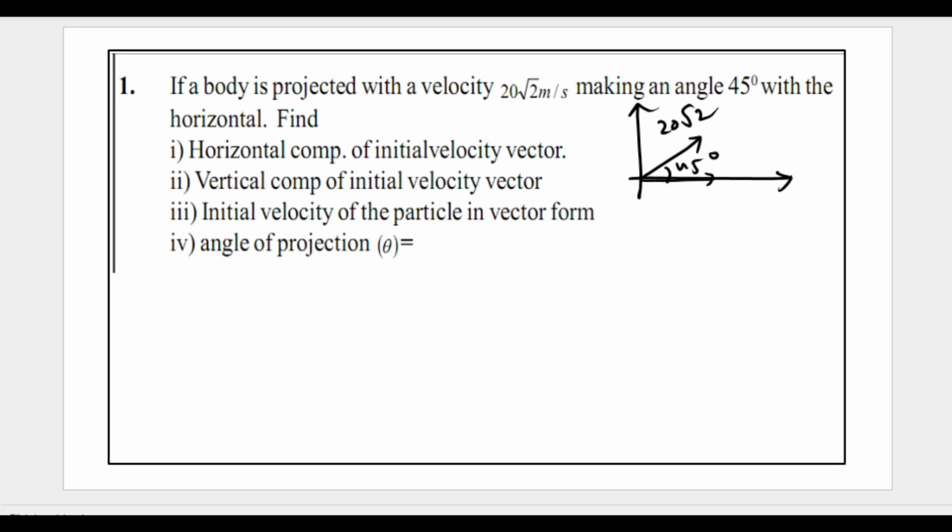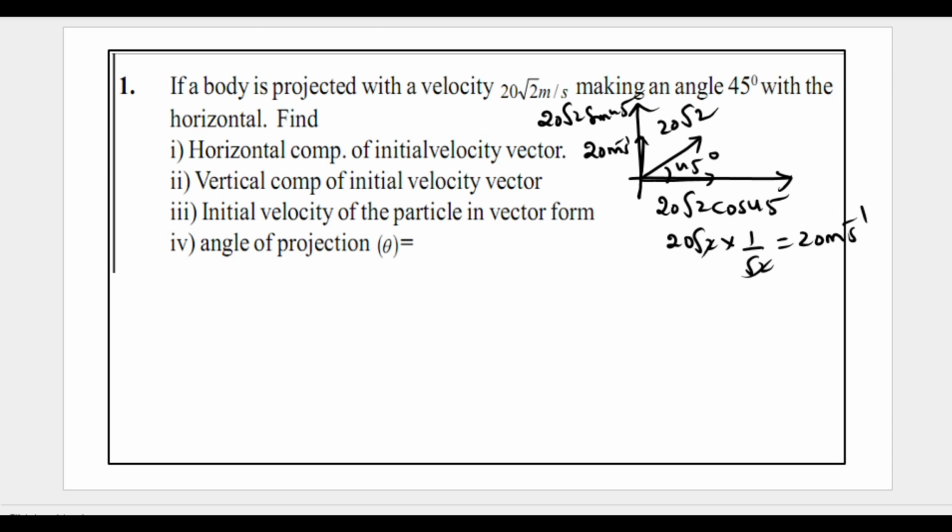Resolve this into two components: 20 root 2 cos 45 and 20 root 2 sin 45. 20 root 2 cos 45 means 20 root 2 into 1 by root 2. Root 2 gets cancelled, so this is equal to 20 meter per second. Similarly, this is also 20 meter per second.